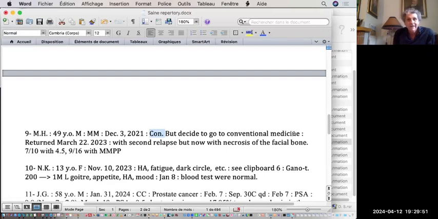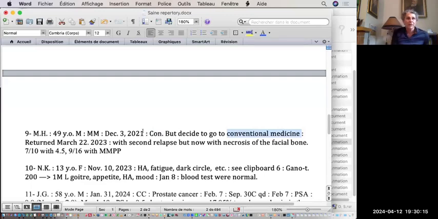He wanted to be treated naturally, but he came with his fiance, and they made the decision after seeing me, and they decided to go conventional. So he did go conventional.